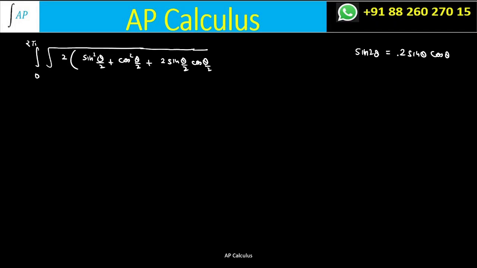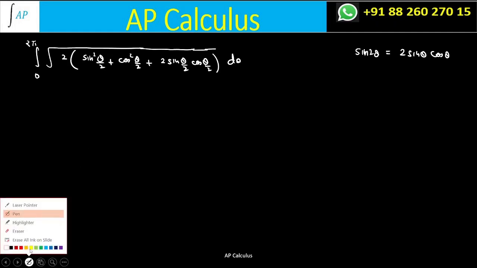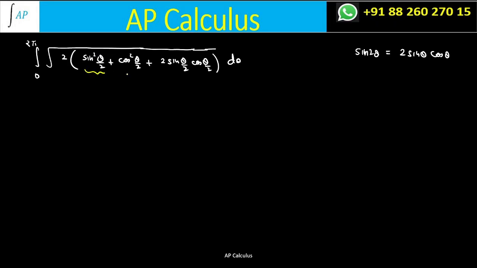So for sin theta, the angle will be half: 2 sin theta by 2 cos theta by 2. What will happen due to this? You can see it is something like a square plus b square plus 2ab. So we can say it is a plus b whole square.